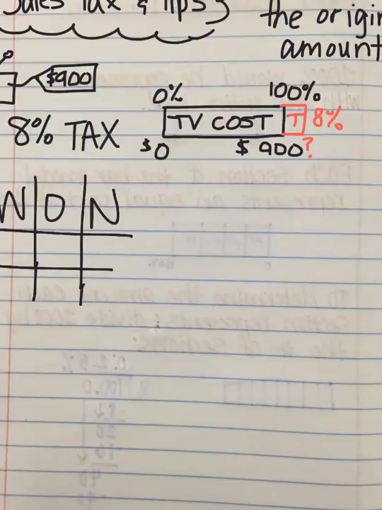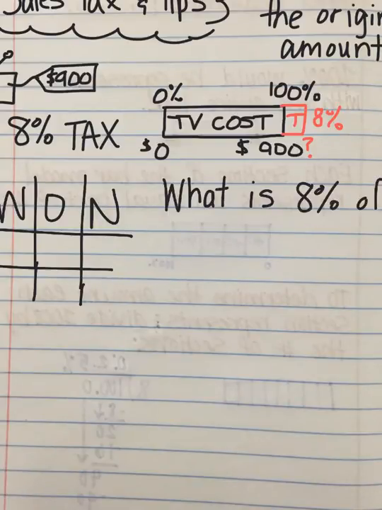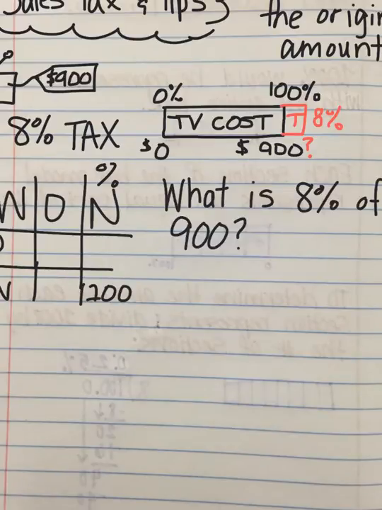So really what we're looking for right now is we want to know what is 8% of 900, right? That's the question we need to know so that we can figure out how much it's going to cost us in the end for this. Okay, so this is the part and this is the whole. Since it's a percent proportion, we know the 100 goes here because that would be 100%.